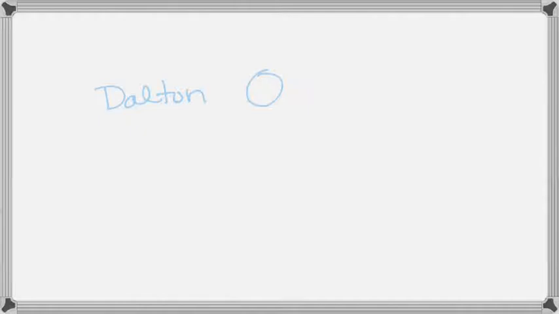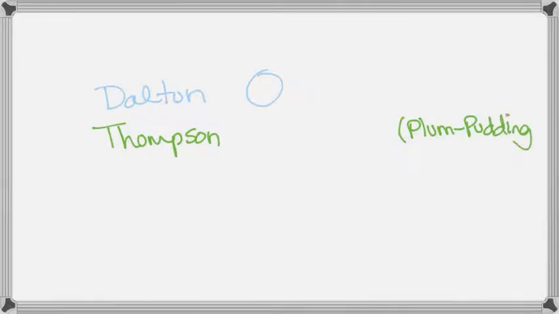And then Thomson comes along. He did some experiments too with Millikan. We're going to show Millikan's oil drop experiment here in just a second. But Thomson's going to be given credit with what we call the plum pudding model. If you've ever had rice pudding with raisins in it, very similar.